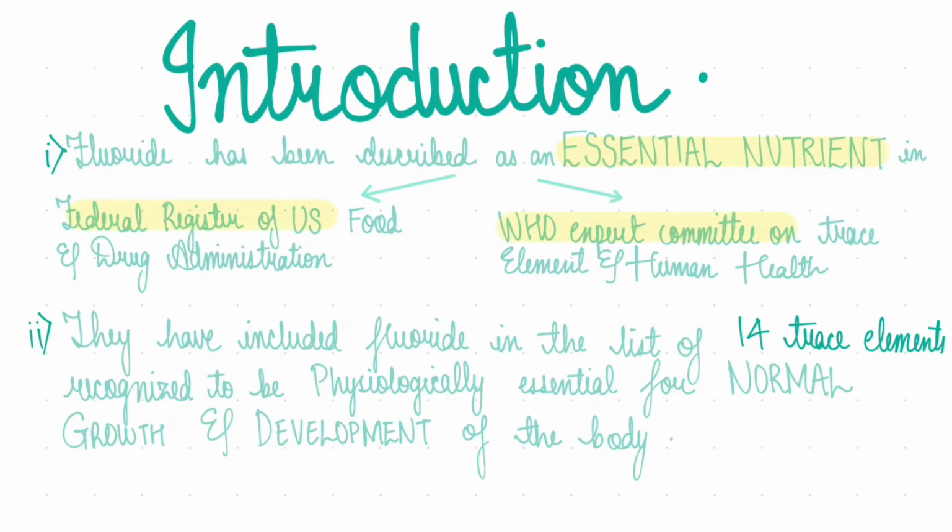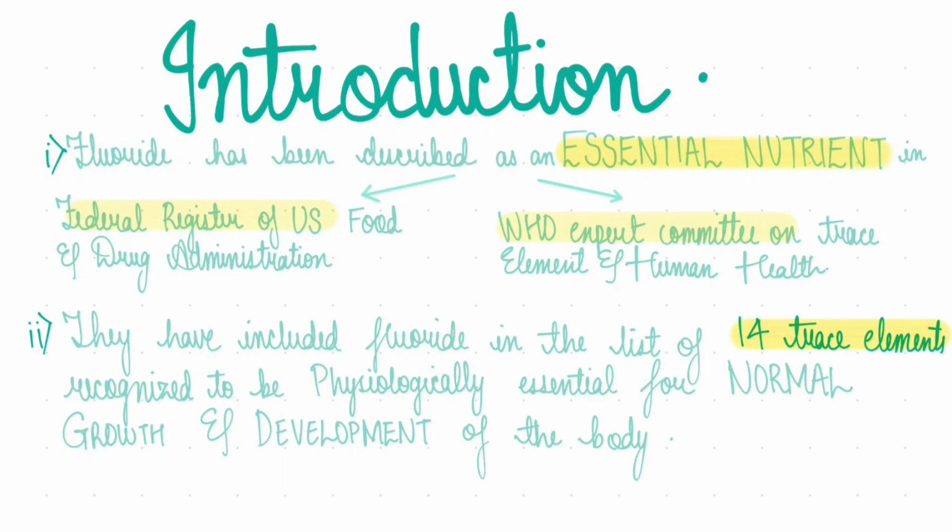Secondly, they have included fluoride in the list of 14 trace elements which are recognized to be necessary for physiological and normal growth and development of the body. So the first 2 points whenever you speak or write about fluoride have to be that it is an essential nutrient, and secondly, that it is one of the 14 trace elements required for the normal growth and development of the body.